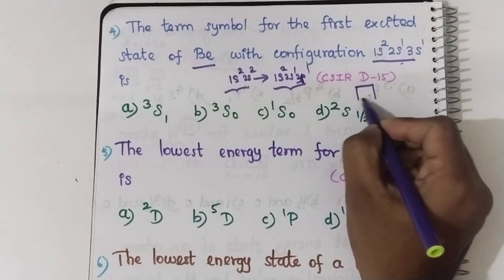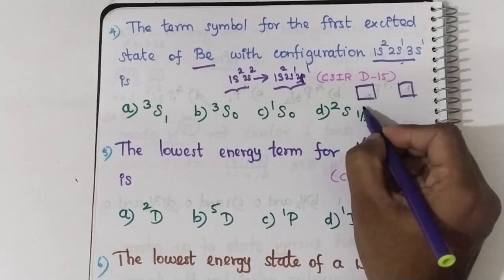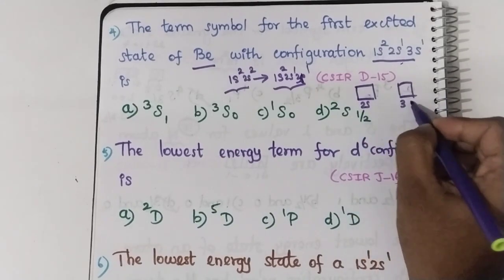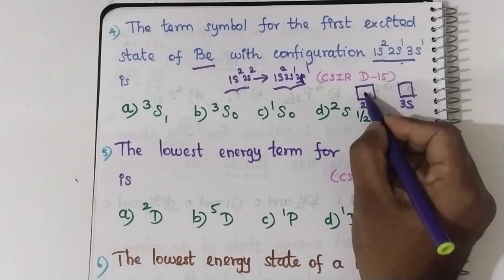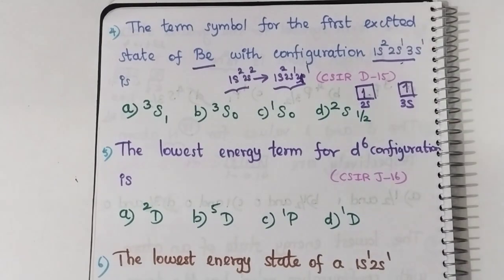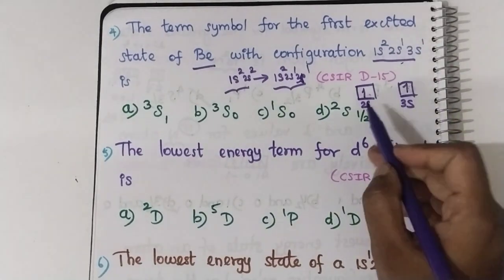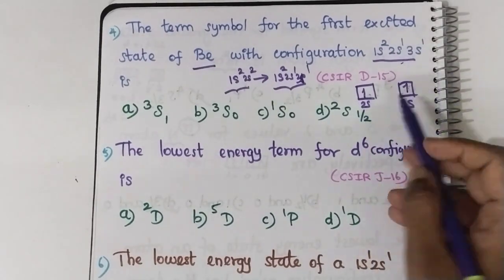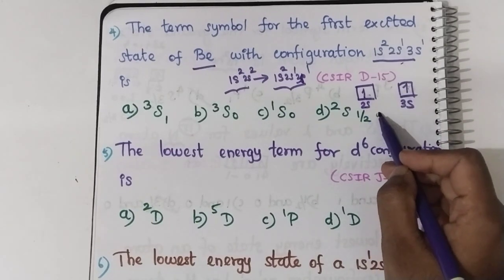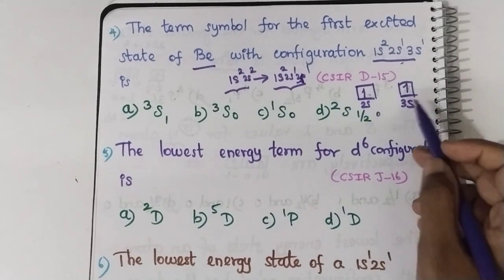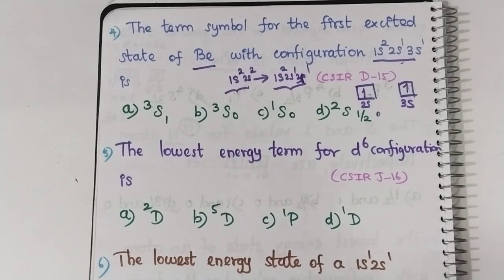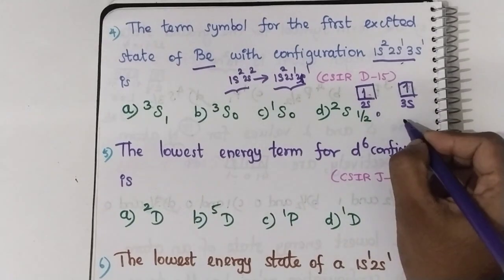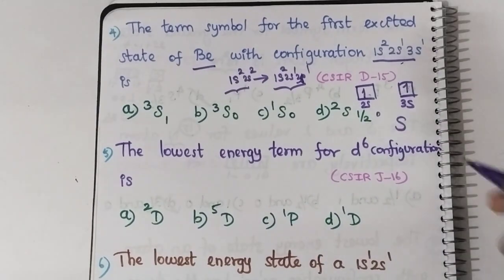What will you do? This is 2s and this is 3s, right? One electron is present here, another electron is here. Now you have to add the L values. For s it is 0, so L value will be 0. Here also 0. So you will have L value as 0. L value 0 means S. Now the 2S plus 1 value.